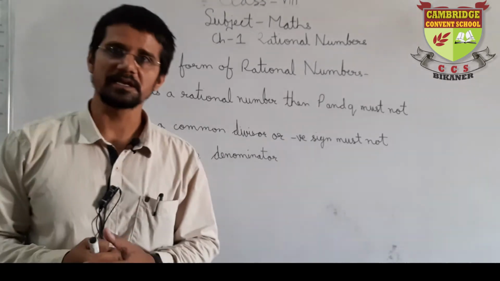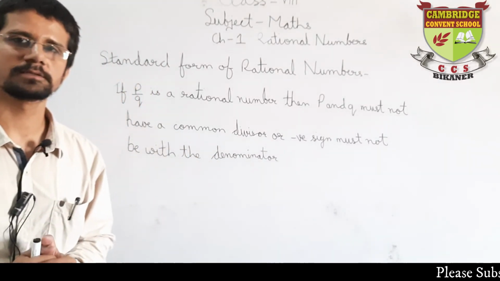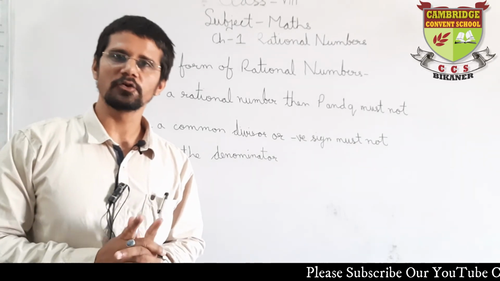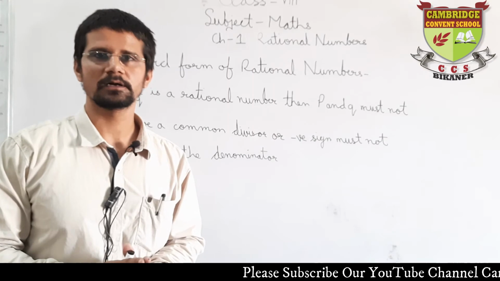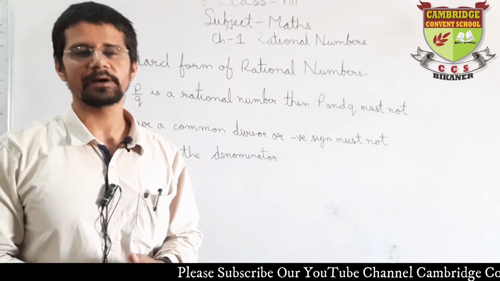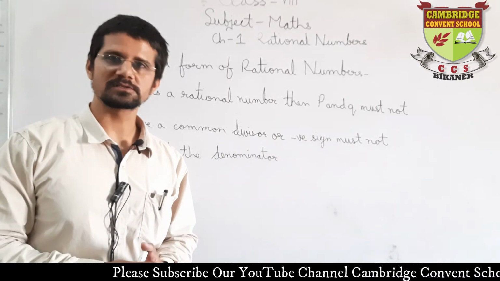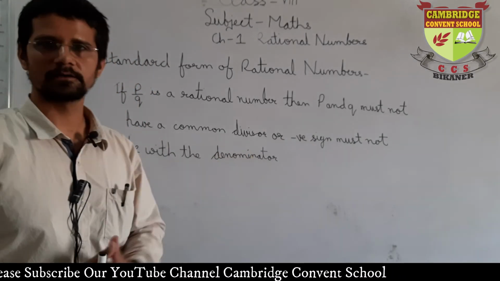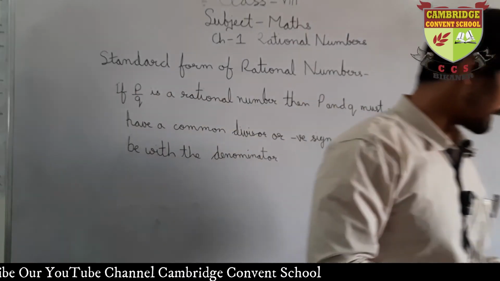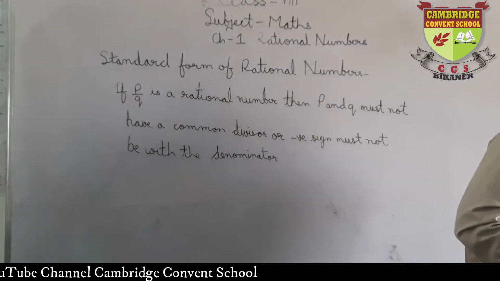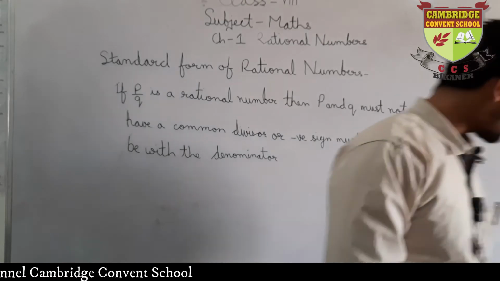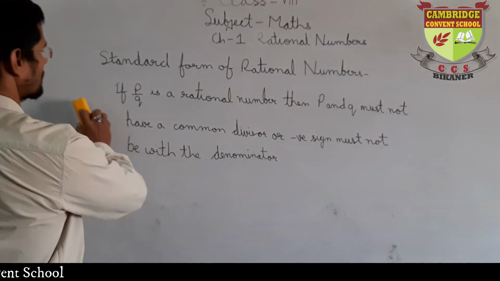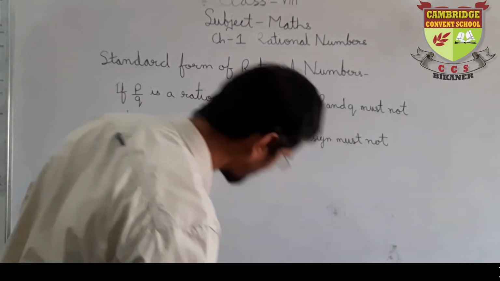If a rational number has to be in its standard form, then its numerator and denominator don't have any common divisor, and the negative sign must be with the numerator. Okay, let's look at some examples.